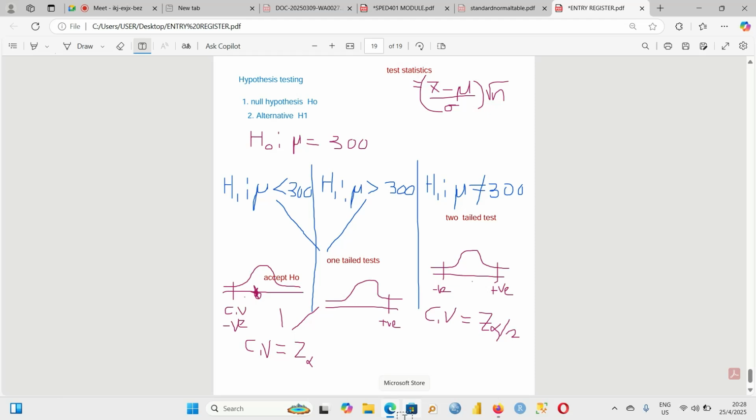So let's now look at our example question 4b.